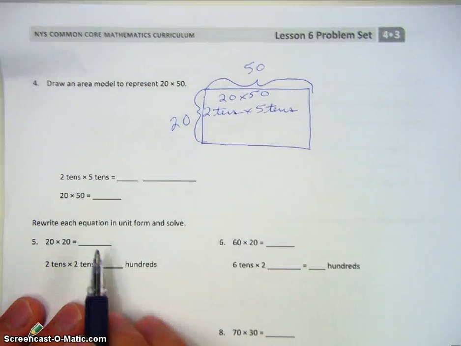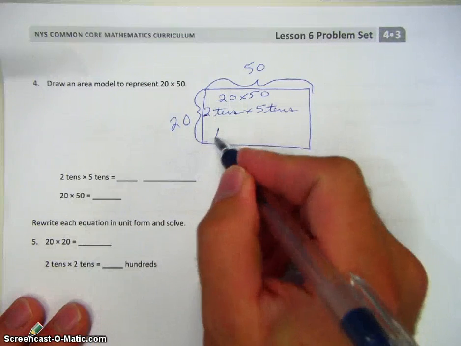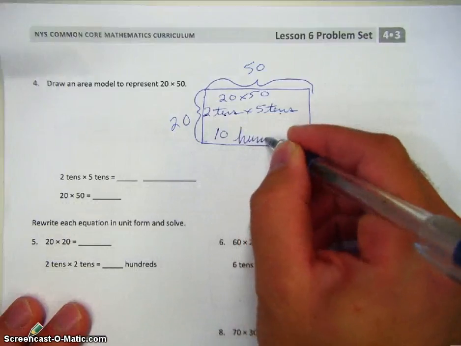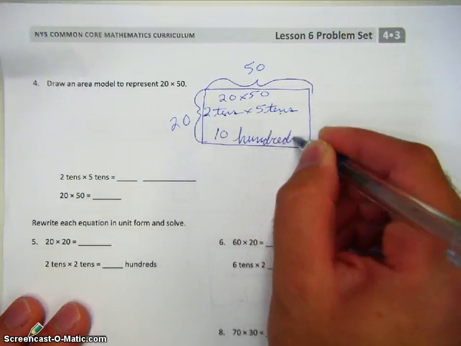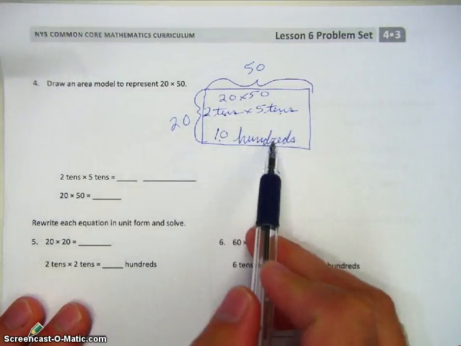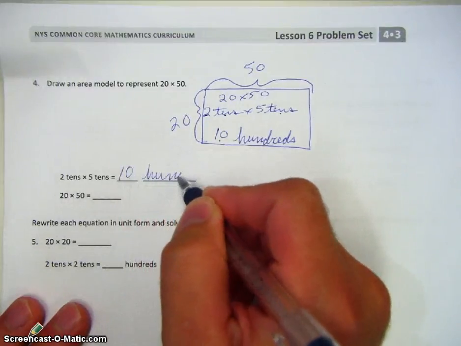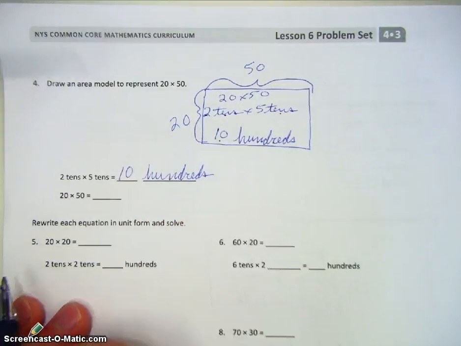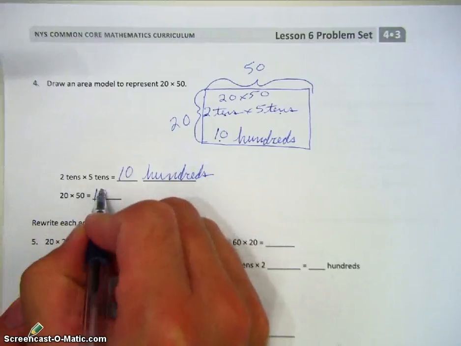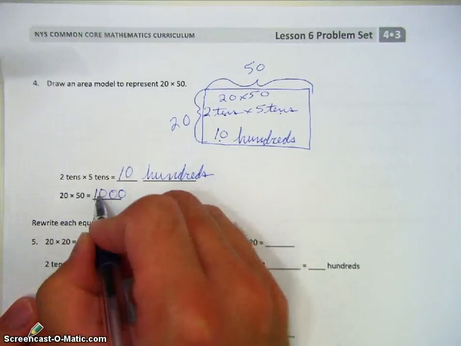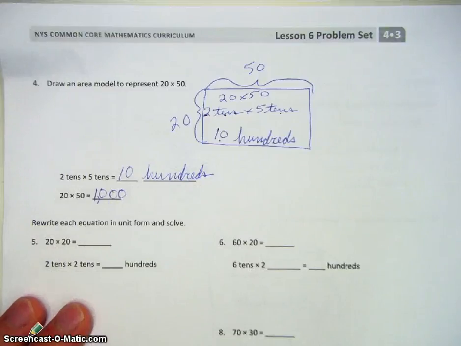Now 2 times 5 is 10, and then 10 times 10 is 100. So this one's a little bit different because we got a little extra 0 in there. So now we have 10 hundreds as our answer. But when we go to write it in standard form, we know that we have 10 hundreds, or 1,000.